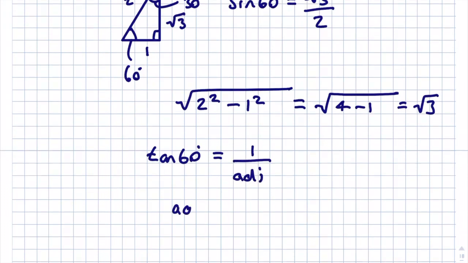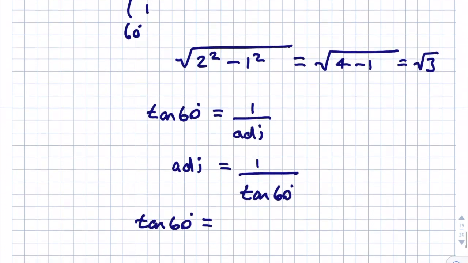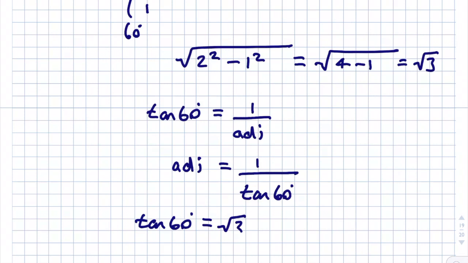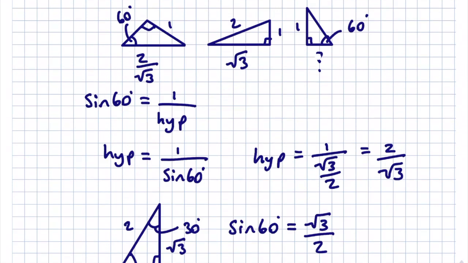Well, the adjacent is going to be equal to 1 over tan 60. Tan 60 is opposite over adjacent, which is root 3. So the adjacent side is equal to 1 over root 3. Right, so the base of this is 1 over root 3.